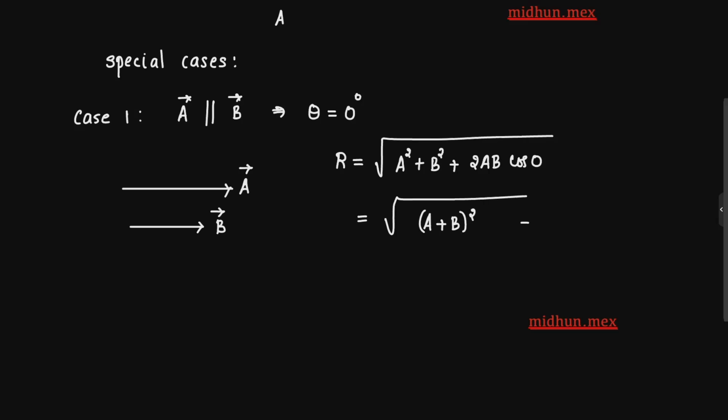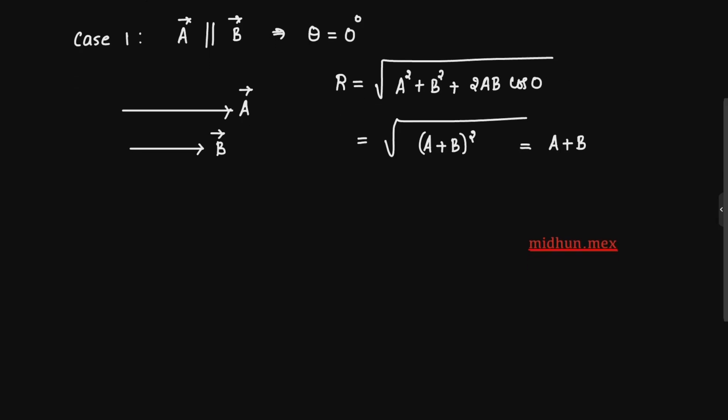Root and square cancel out, and your answer will simply be A plus B, which means when two vectors are parallel to each other, the resultant is simply the addition, A plus B. That is the first point I want you to remember throughout mechanics.